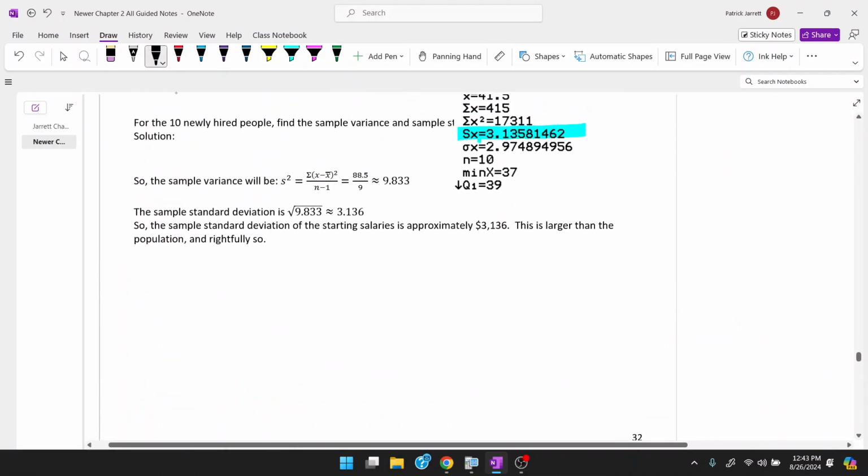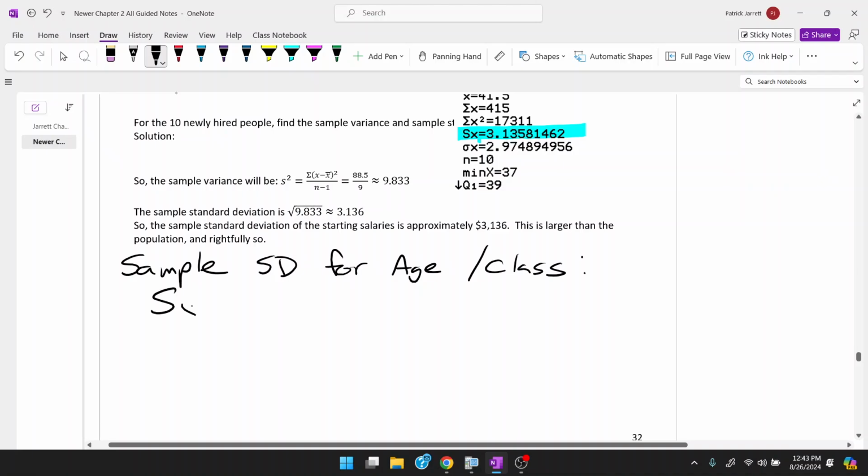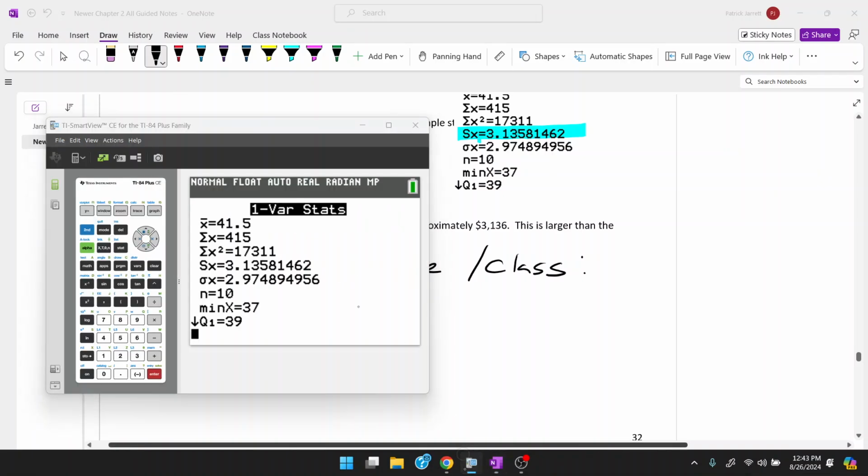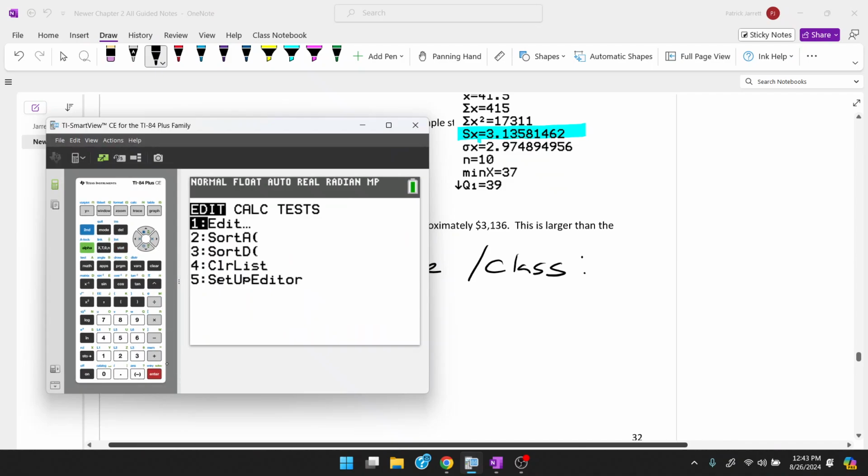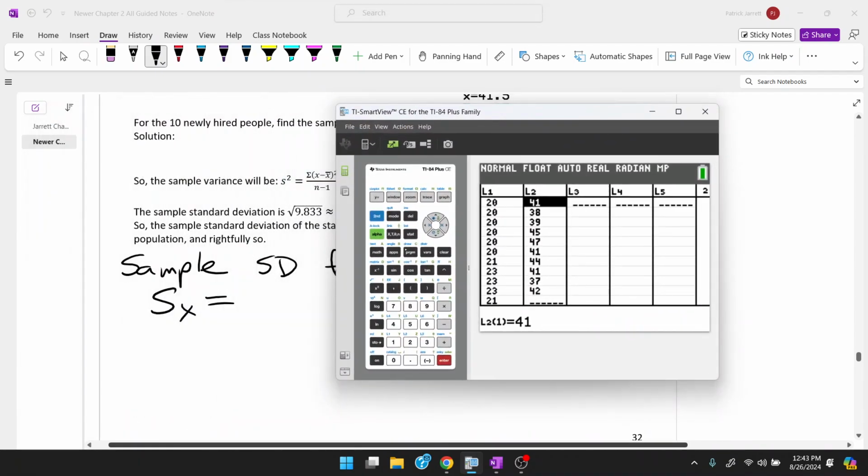Now, let's just do sample standard deviation for the age data, for age class data. And if you still have it stored on your calculator, good. If you don't, that's okay. So I have that stored in list number 1.